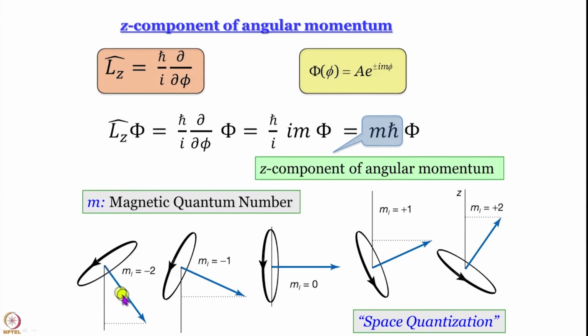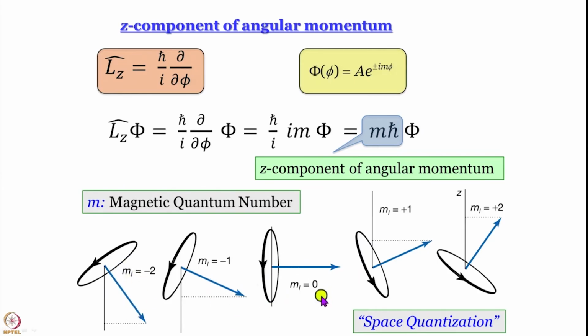Interestingly, we can still talk about this blue arrow, the angular momentum vector, and we can talk about the allowed orientations of the angular momentum vector. So, the allowed values are plus l to minus l through 0, we will come to that later on.